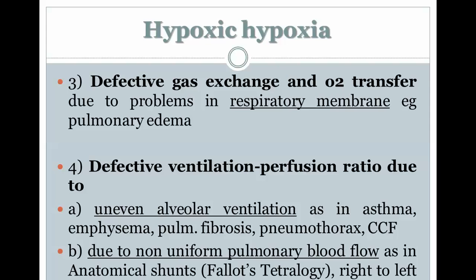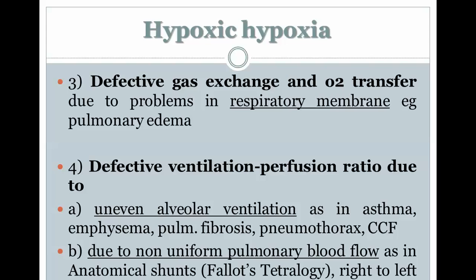So the gradient between the alveolar and arterial PO2 will be 10. It's normal. The alveolar is 110, and the arterial is 100, so the gradient is 10.